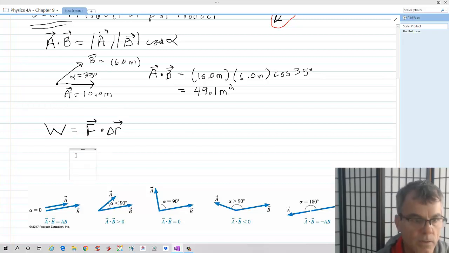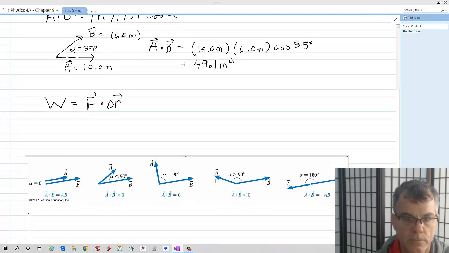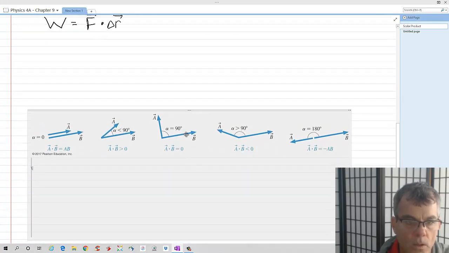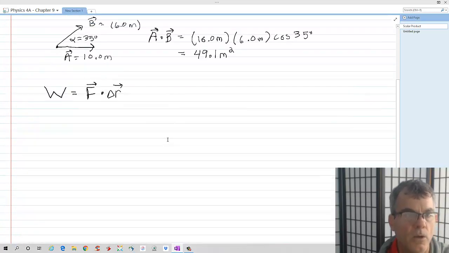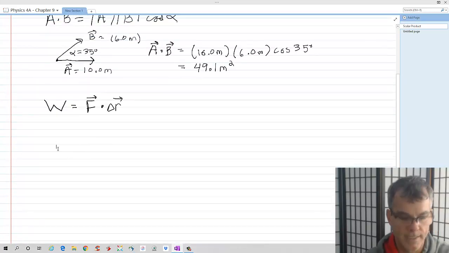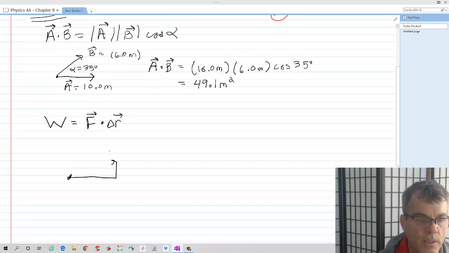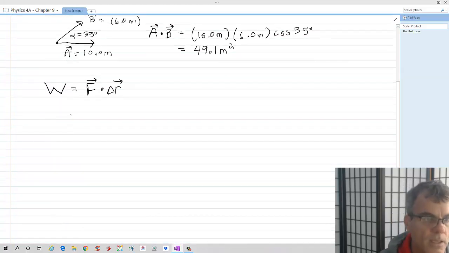So, conceptually, what is the dot product? Well, again, let's just choose two random vectors. Let's say vector A points to the right.